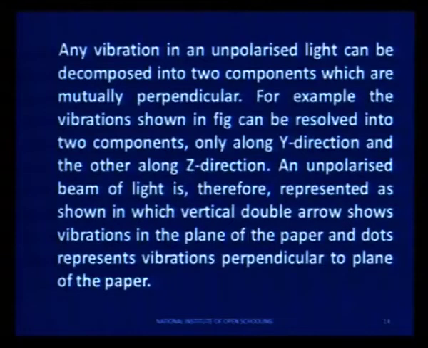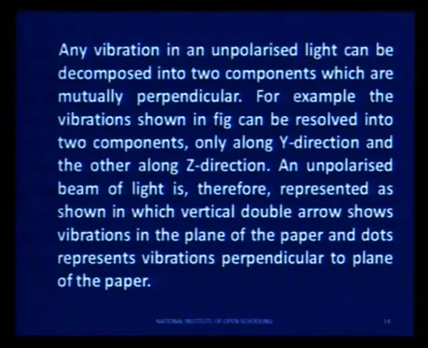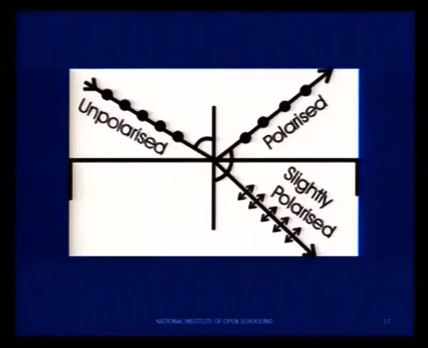So, any vibration in an unpolarized light can be decomposed into two mutually perpendicular components. For example, the vibrations shown in the figure can be resolved into two components, one along the y direction and the other along the z direction. An unpolarized beam of light is therefore represented as shown in this diagram.